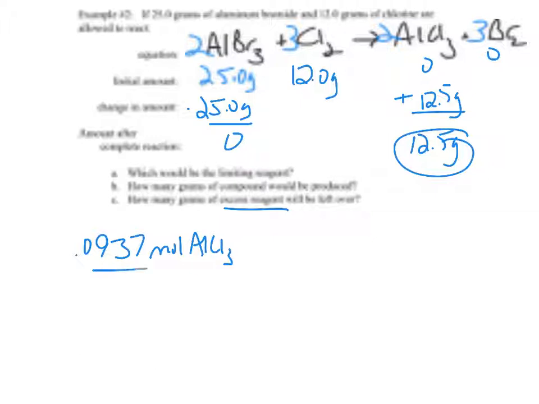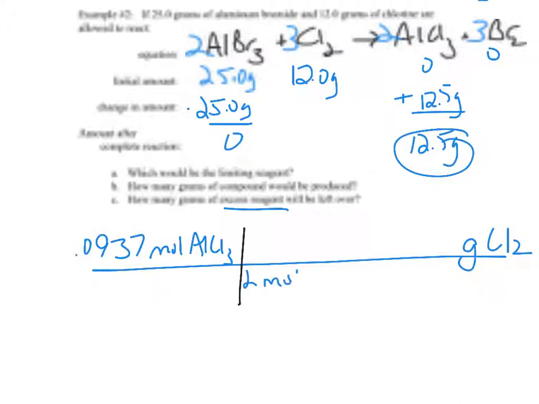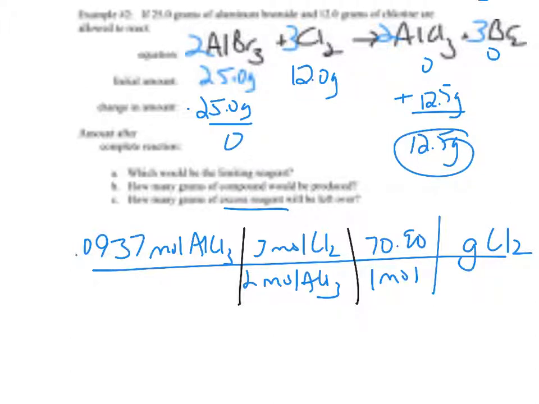And I'm going to calculate grams of Cl2. Ratio for aluminum chloride to chlorine. And then the grams of chlorine per mole, which is 70.9. I'm ready to calculate that, which gives me 9.97 grams.